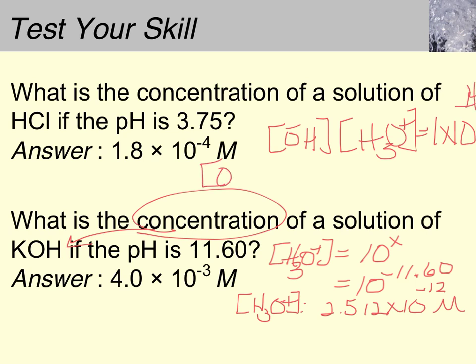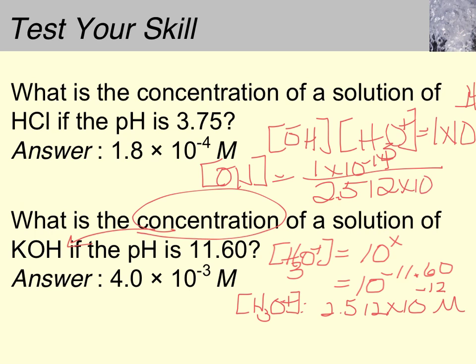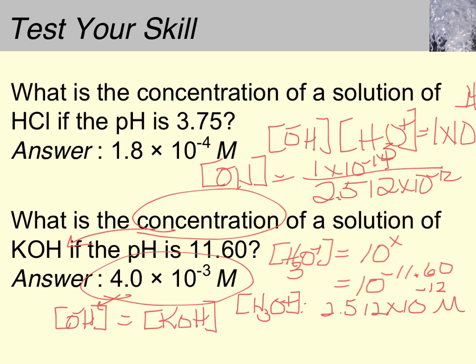So if you're trying to solve for concentration of hydroxide, it would be 1 times 10 to the minus 14 divided by the concentration of hydronium ion, which we just found, 2.512 times 10 to the minus 12. And when you plug that in, you get that the concentration of hydroxide, which by the way is the same thing as the concentration of KOH, the original base, because KOH is one of the strong bases, so they equal, it completely dissociates.